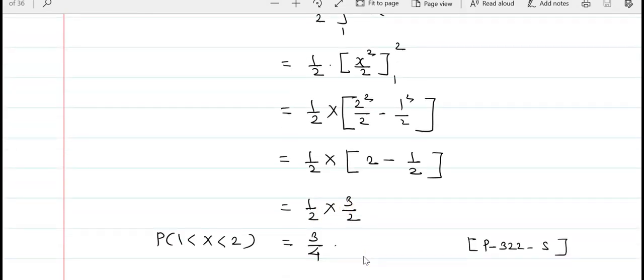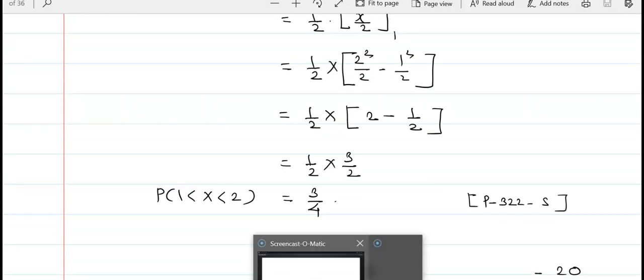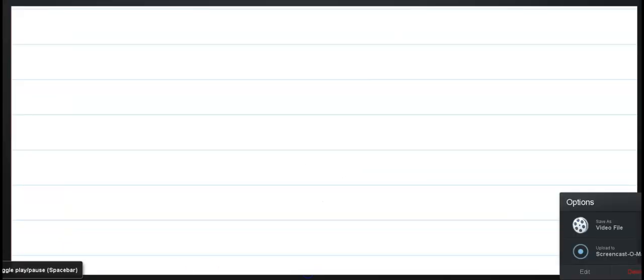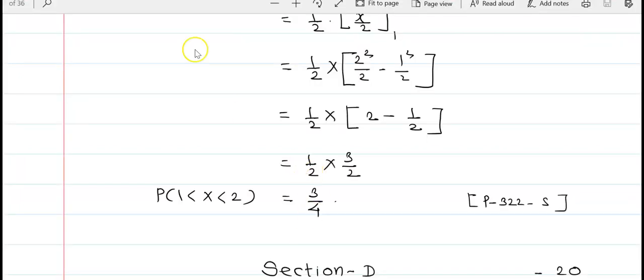Now the next is, we'll see the next section, Section D. Section D, attempt any 5 of the following questions, 20 marks. Now let us see this question.